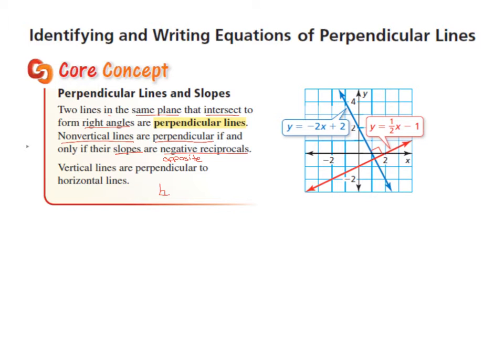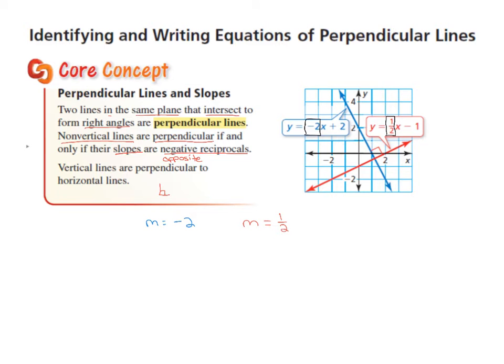They have a picture for us, and they're telling us that the slope in the first line is -2, and in the second line it's 1/2. My original slope was -2, and my new slope was +1/2.